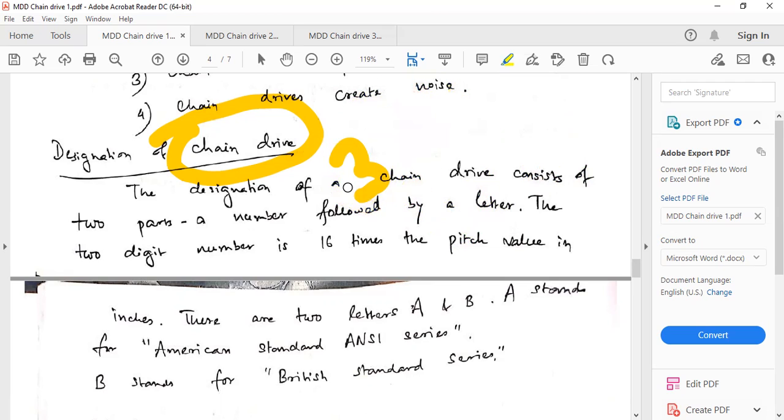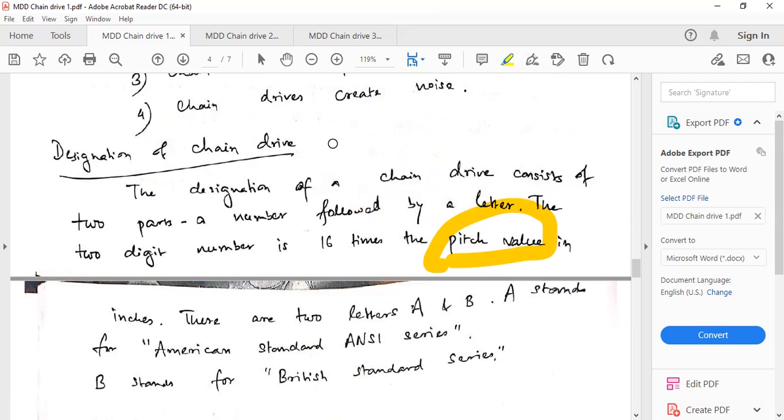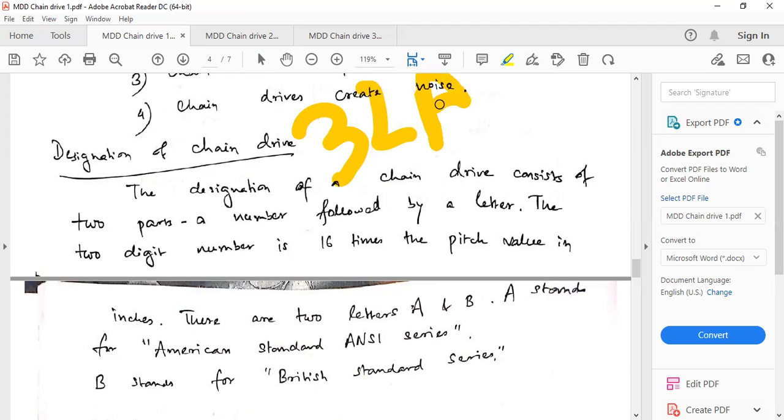That something is called the pitch, and it is in inches. You remember. So if we have a chain like 32A, what we have to do is divide this by 16, and whatever we get is the pitch value, 2 inches.